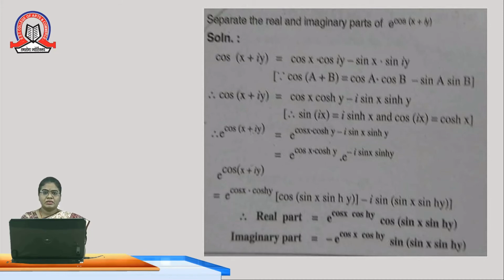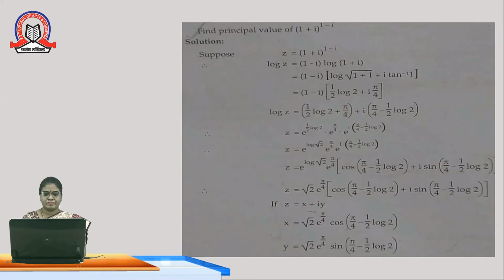Comparing real and imaginary parts on both sides, real part equals e power cos x cosh y cos of sin x sinh y. Imaginary part is minus e power cos x cosh y sin of sin x sinh y.